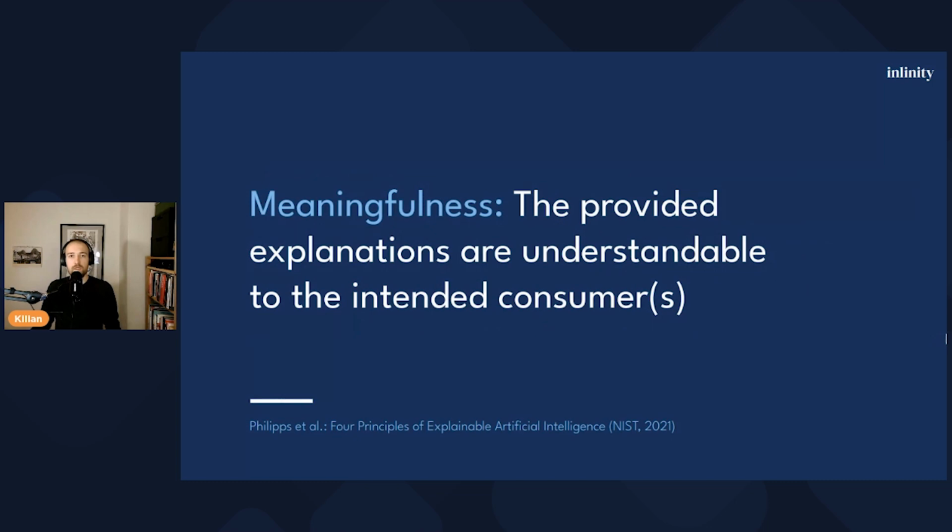But the second property, which we continue to work with, is the meaningfulness, which means that the provided explanations are understandable to the intended consumers. And this is very important and is quite often overlooked, especially when you come from this technical accuracy perspective, and then all of a sudden you start to show your explanations to others. It's very easy to not only have something which is meaningless, but it's also very easy to generate explanations that are misleading.